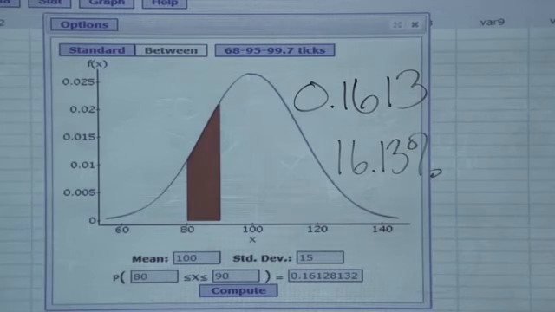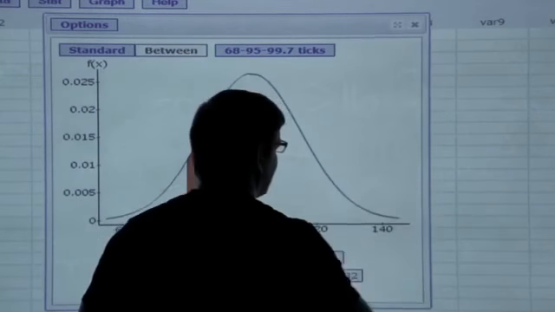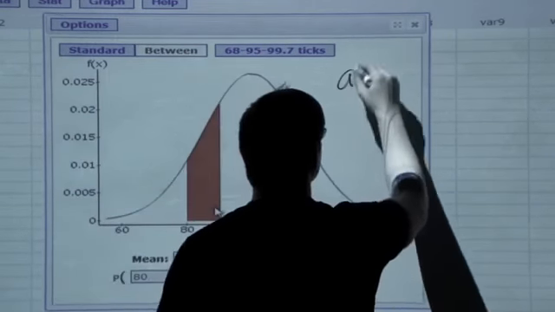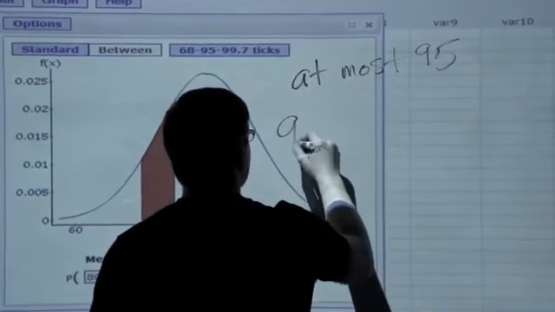Right. Move on to F. What's the probability that the person sitting next to you in class has an IQ of at most 95? Probability at most 95. At most, at most, at most. At most 95.